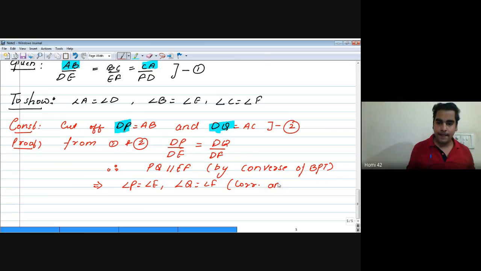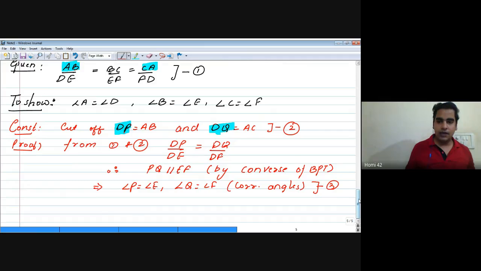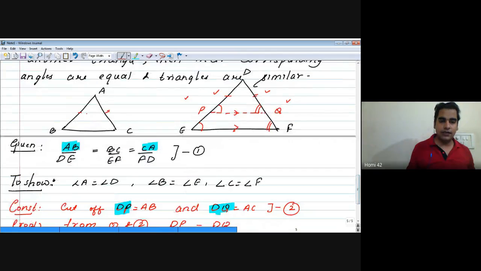Now our goal is, what is our goal? Our goal is to actually show that this triangle ABC is congruent to this triangle DPQ. How can we show that these two triangles are congruent in nature? Think how we can do that.